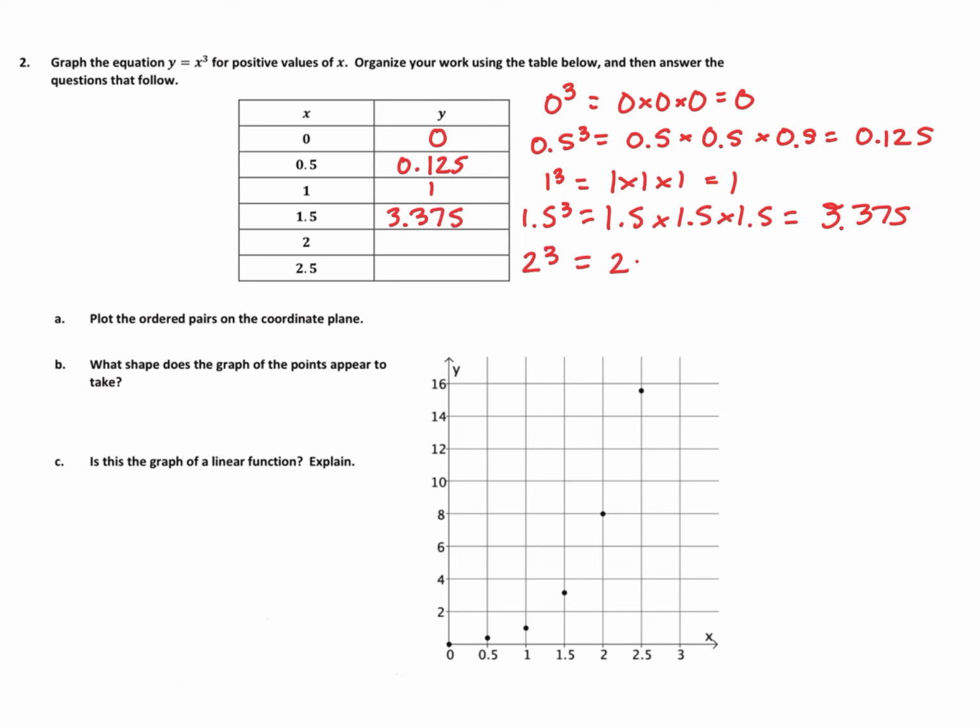2 cubed is 2 times 2 times 2, which is 8. And 2.5 cubed is 2.5 times 2.5 times 2.5.